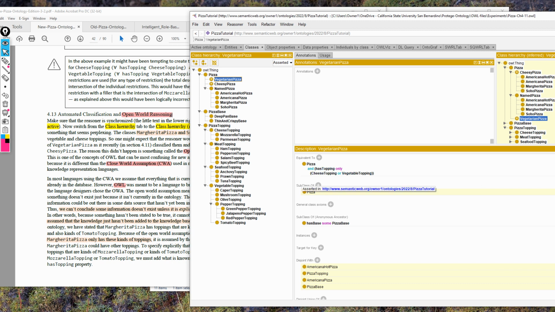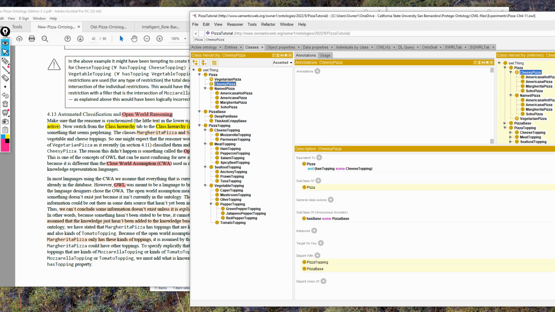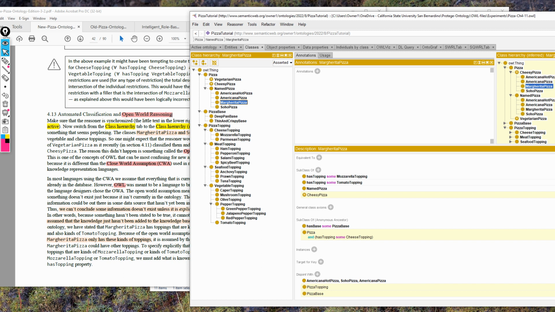But when you look at the Margherita and Soho pizzas, for example, the Soho pizza is classified as a cheesy pizza. The definition of a cheesy pizza says it must have at least one cheese topping, so it is satisfied and classified as a cheesy pizza. The Margherita pizza is the same: it's classified as a cheesy pizza because it has a cheese topping. But it does not say anything about the vegetarian pizza.